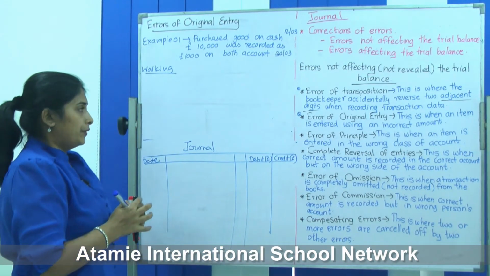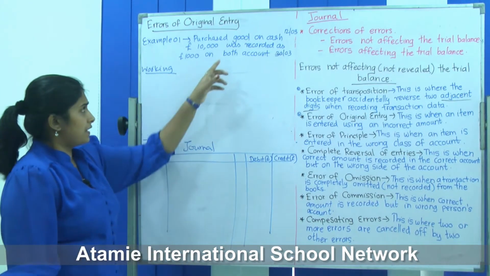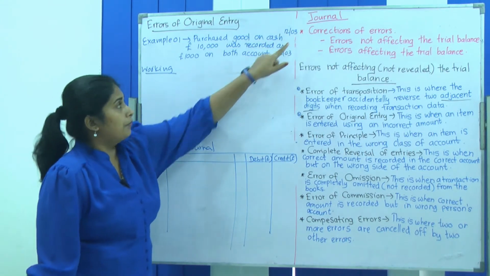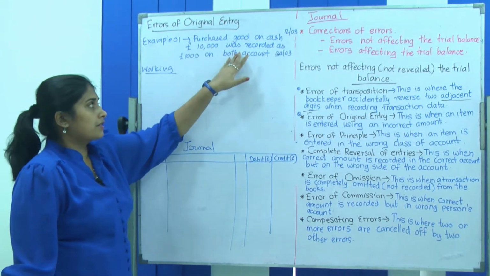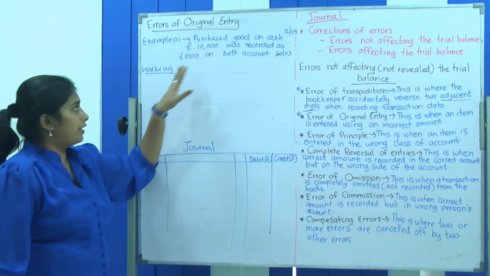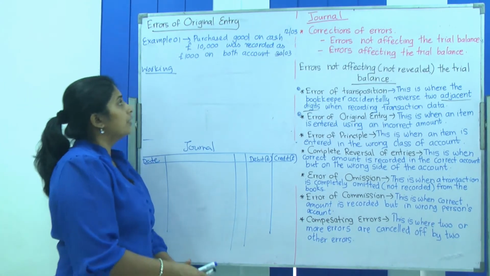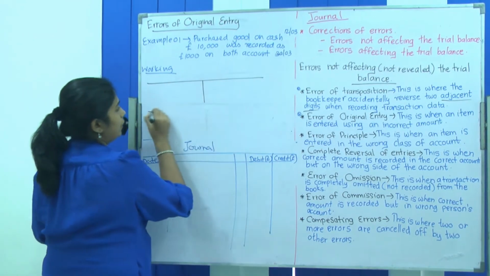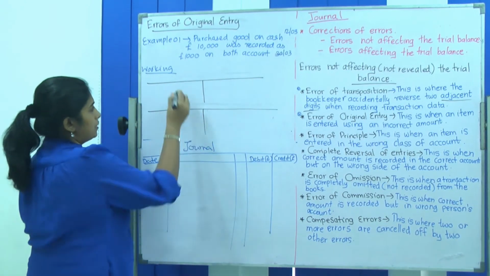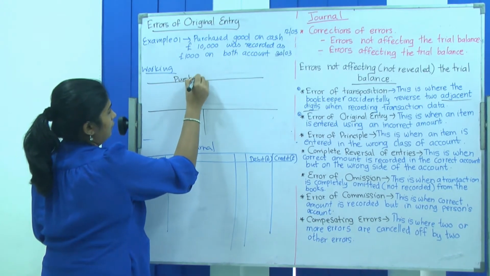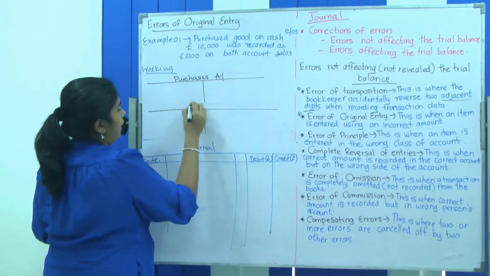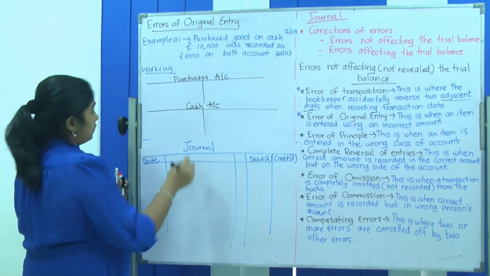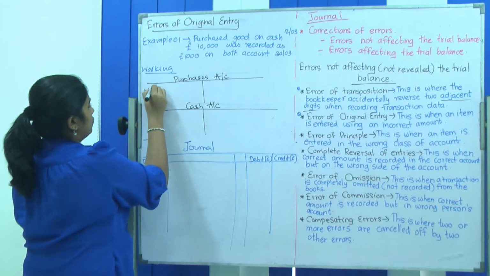So what has happened? According to this transaction, they purchased goods on cash on 12th March for 10,000, but the bookkeeper recorded 1,000 on both T accounts. I'll show you as workings. When you purchase on cash, the purchases increase and the cash decreases.